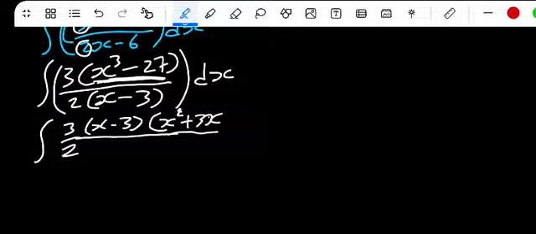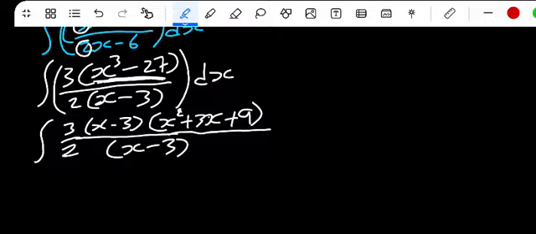Squaring the last term, 3 squared will be 9, plus 9. So that is the factorization of x cubed minus 27 as x minus 3 times this.